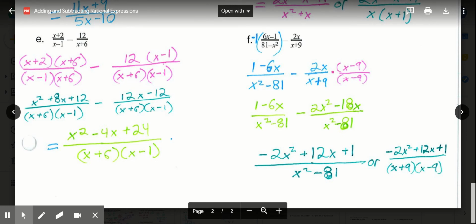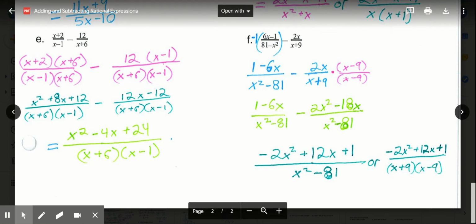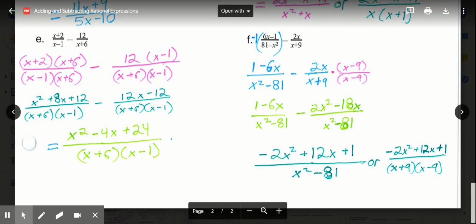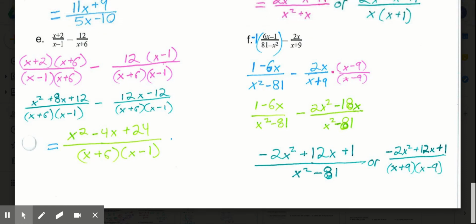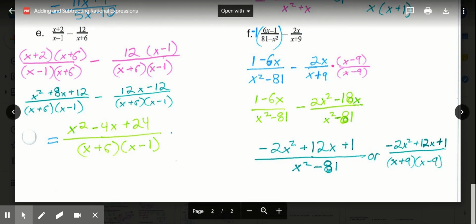A positive 8x minus 12x is a negative 4x, and the positive 12 minus a negative 12 gives us a plus 12, so 12 plus 12 is a positive 24. So then in this case, I have x squared minus 4x plus 24 over x plus 6, x minus 6.